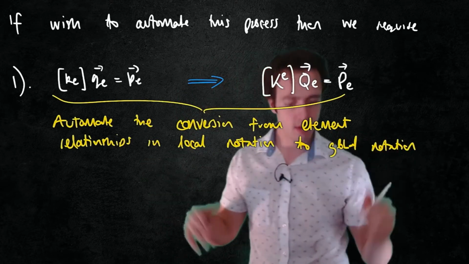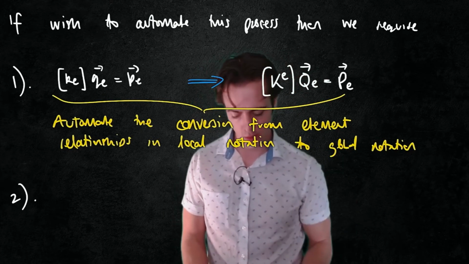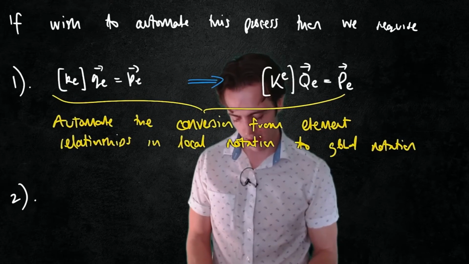So we're going to do that bit today, and then when we're done with that, we need to automate figuring out which part goes into which part of the matrix.